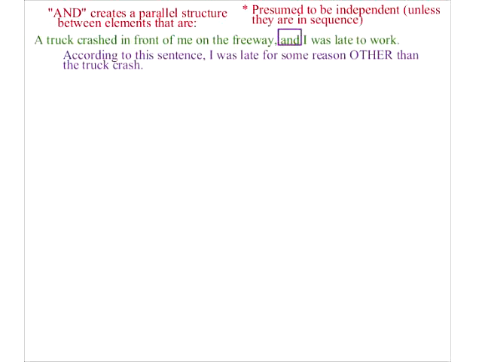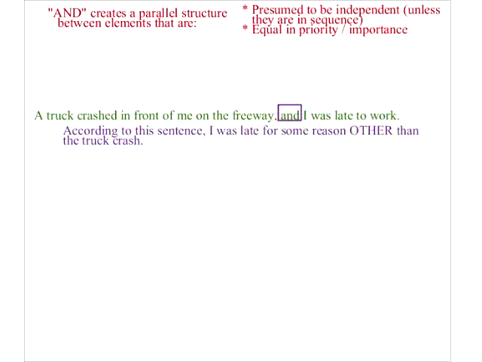And then equal in priority or importance. You're allowed to use and when events are in a sequence, but even if they're in a sequence, there's still kind of this idea that they're things that are independent in sequential order.